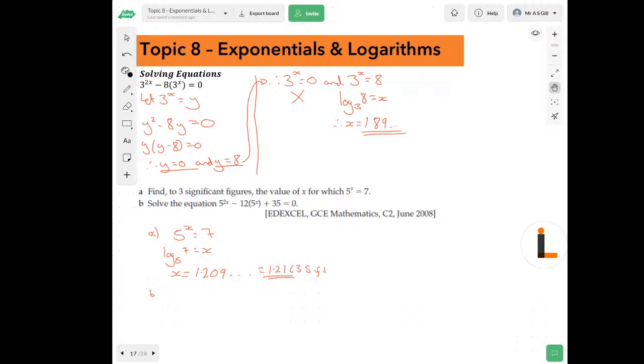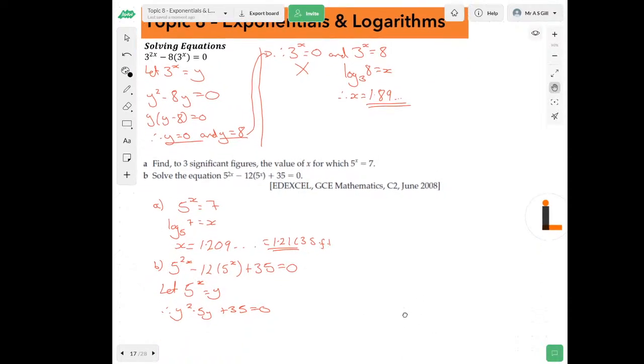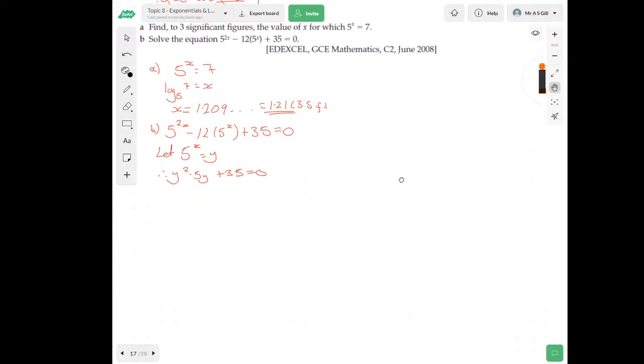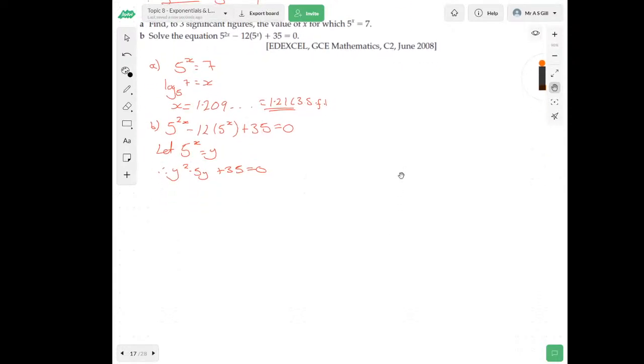Then part B, again we want to use that substitution. This type of question is really common. So we get this. This is a much easier quadratic to work with.